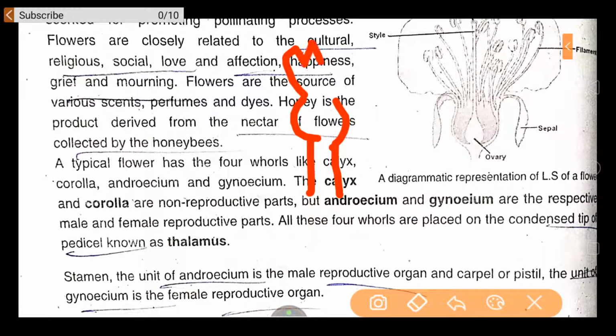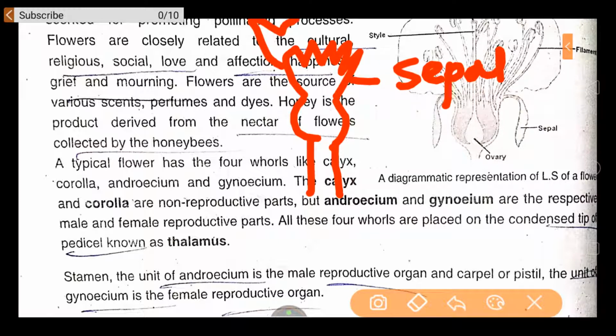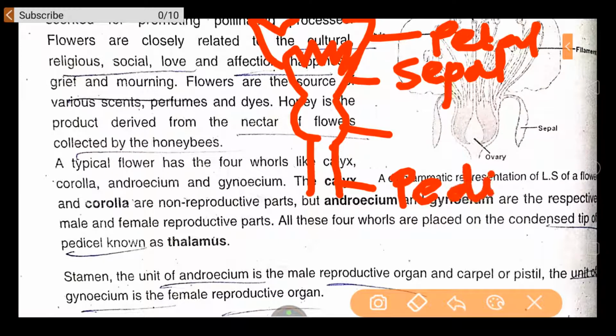So this is sepal. Above this, petals may be there. This swollen part, this is a pedicel. Stalk of the flower is called pedicel. Stalk of the leaf is called petiole.